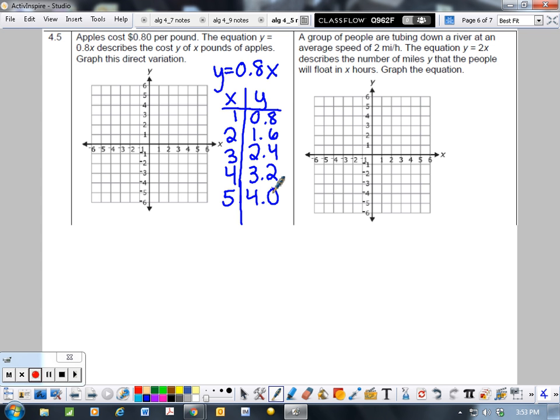Now, because I know this is direct variation, I know it's going to go through 0, 0, and I only have to graph one of these points. I'm going to graph the point 5, 4, and this will graph it for me. Now, why do you think my line only went up and to the right? Because now we're dealing with a contextual problem. We have an actual situation. Is it possible to go negative with pounds? Can I have negative dollars and negative pounds of apples?